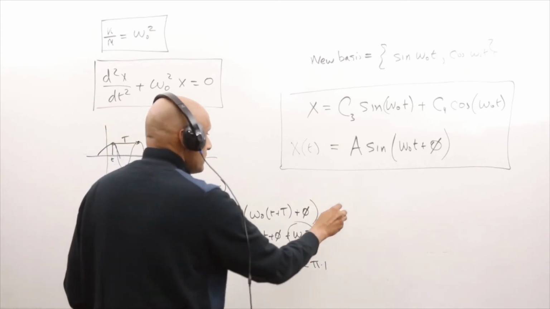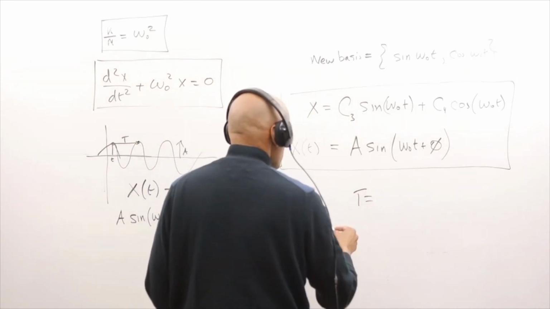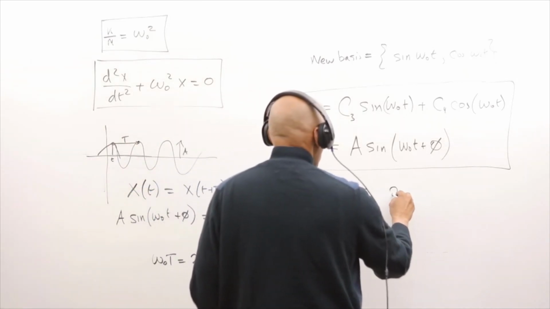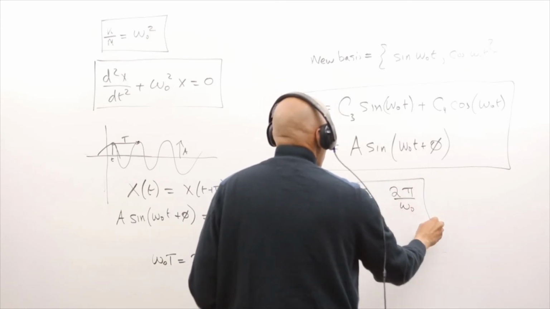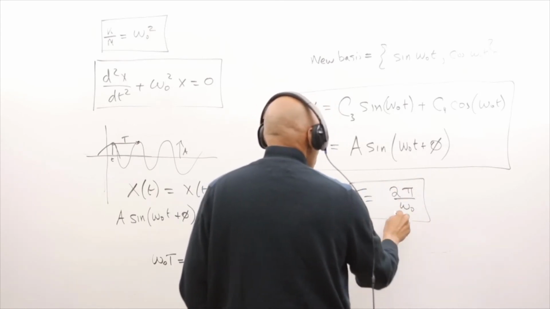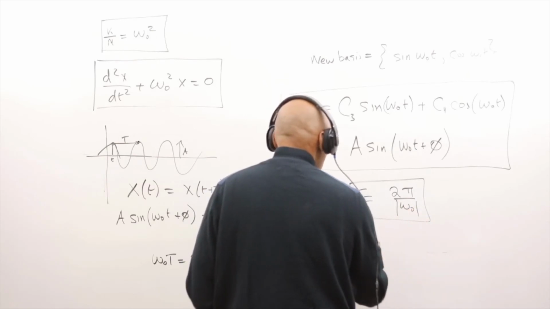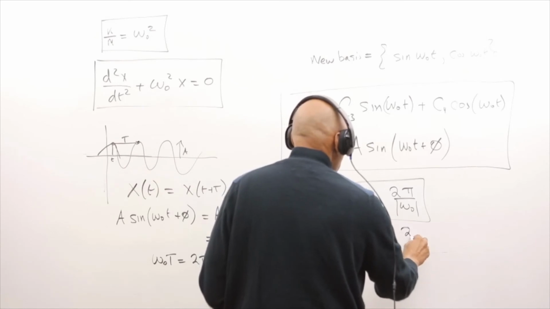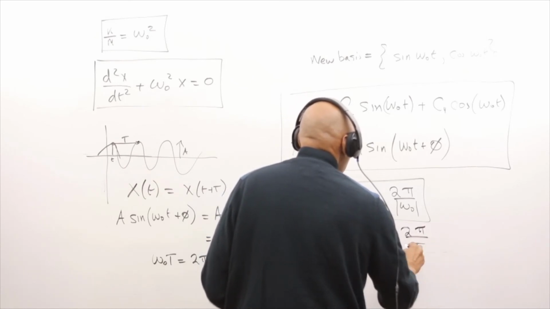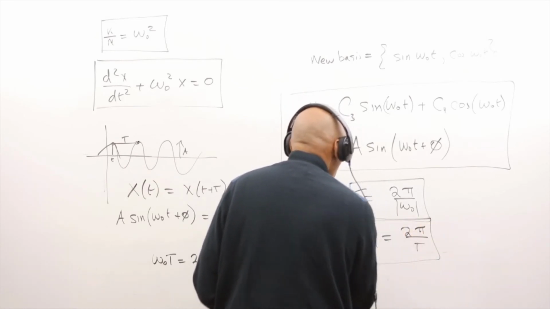So this means that the time period of this oscillatory system is 2 pi over omega_0. And if I switch this around, with the absolute sign, I can say the magnitude of the angular frequency is 2 pi over T. And this is why I call this angular frequency.